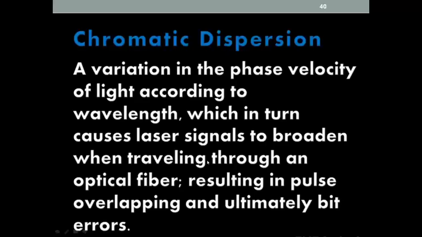Next comes chromatic dispersion. Chromatic means based on color; chroma means color. It is the variation in the phase velocity of light according to the wavelength. So depending on the wavelength, there is a broadening of the signal, and that results in overlapping and ultimately errors.